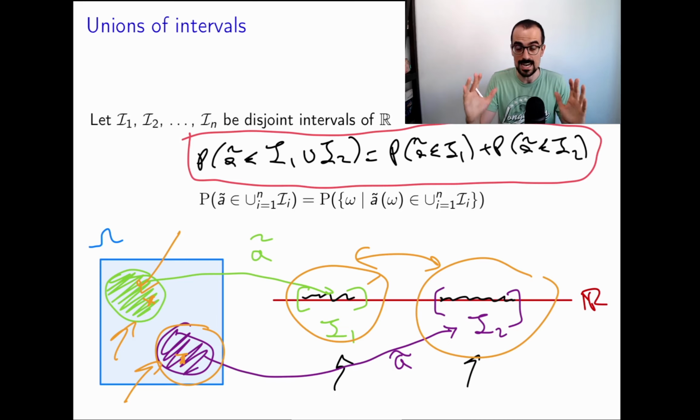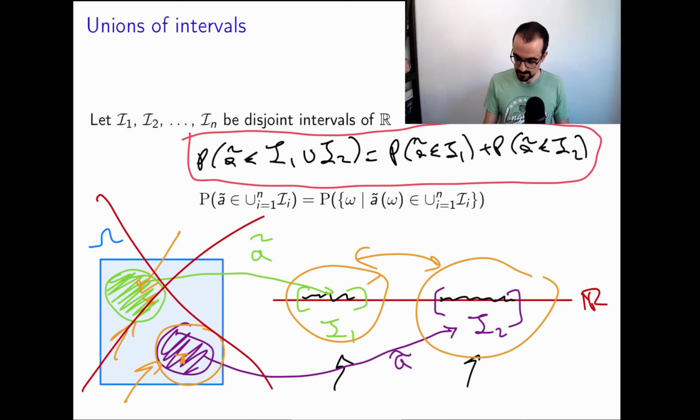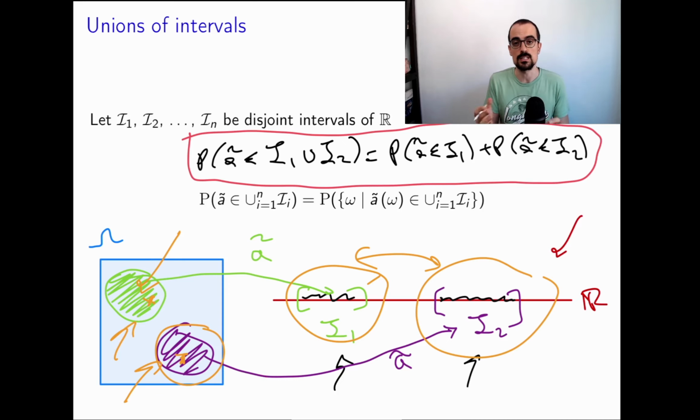This is very nice because once we have established this, we can completely forget about the underlying probability space and just reason directly on the real line and say, oh, the probability that the random variable is in this interval or this other interval, we can just sum up the individual probabilities because the intervals are disjoint, and we have proved that that is okay.